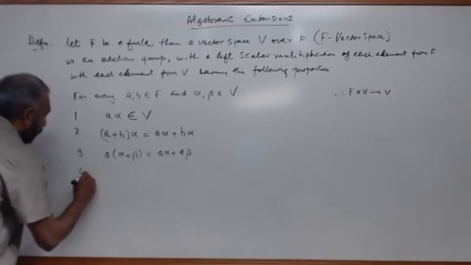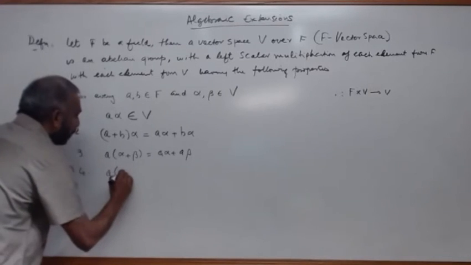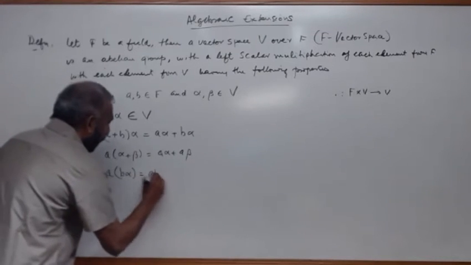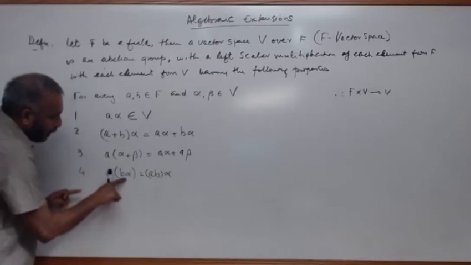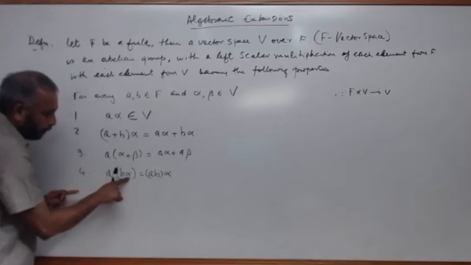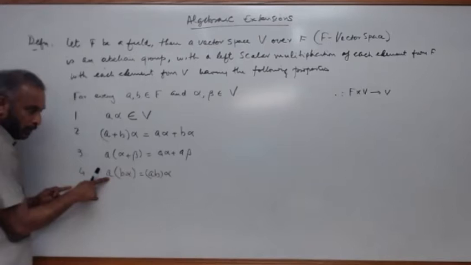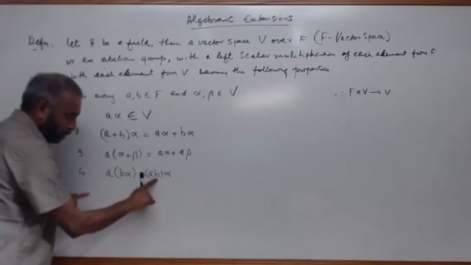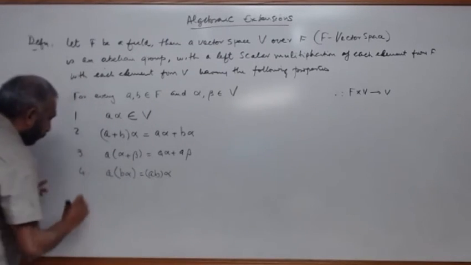And the fourth one is a times b alpha is equal to ab times alpha. You multiply the vector alpha by a scalar b, and then by another scalar a, which equals the product ab, defined properly because a and b are from the field, times alpha.